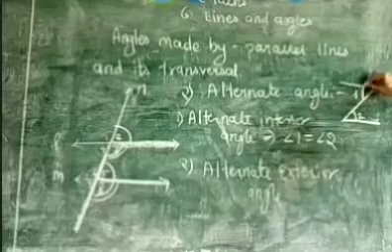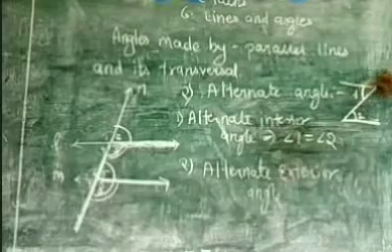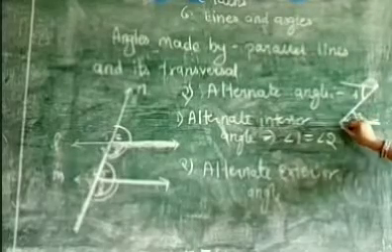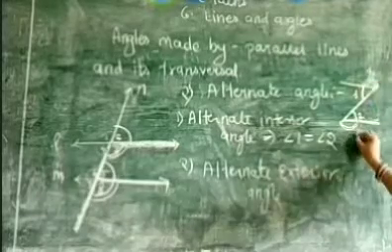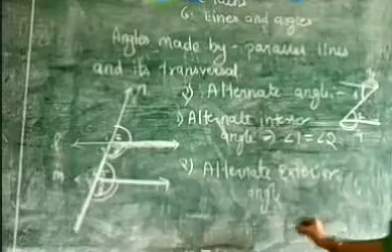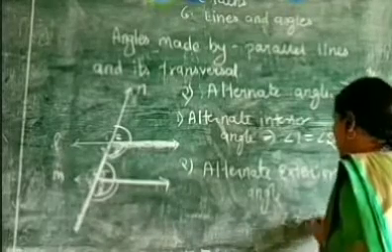In the same way, the angles outside are called alternate exterior angles. They are also equal. So here angle 3 equals angle 4.